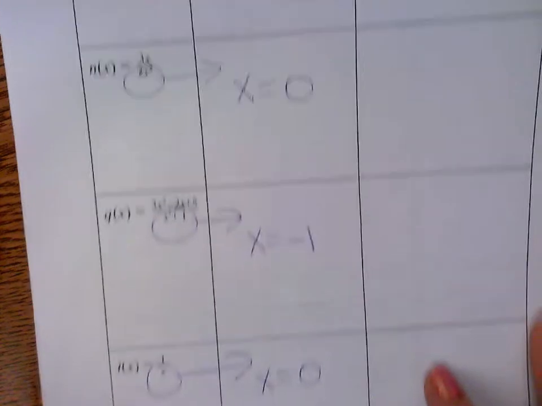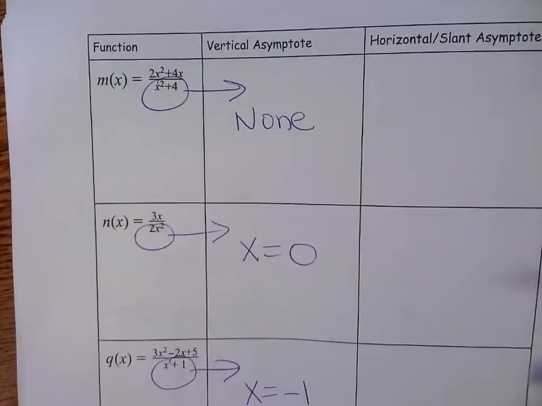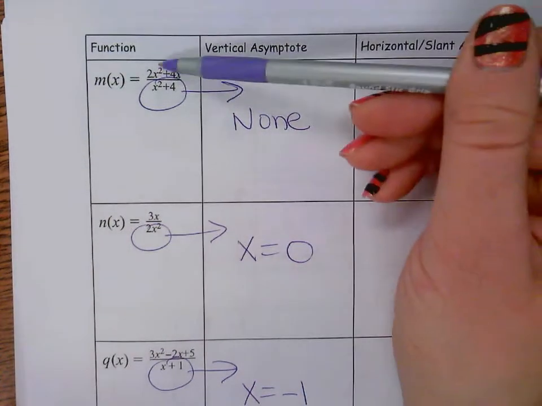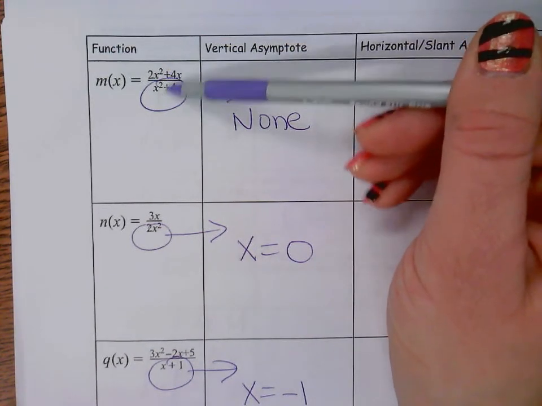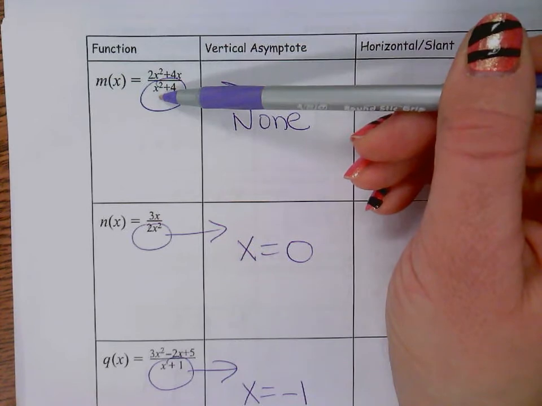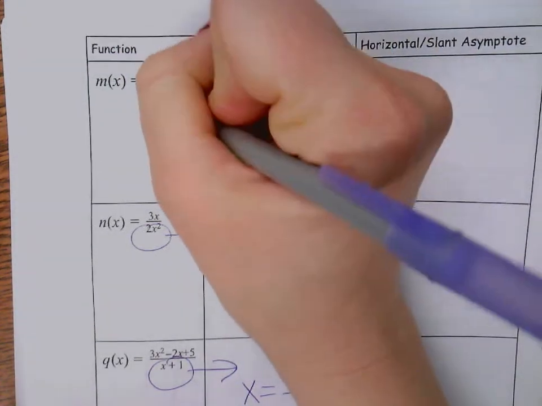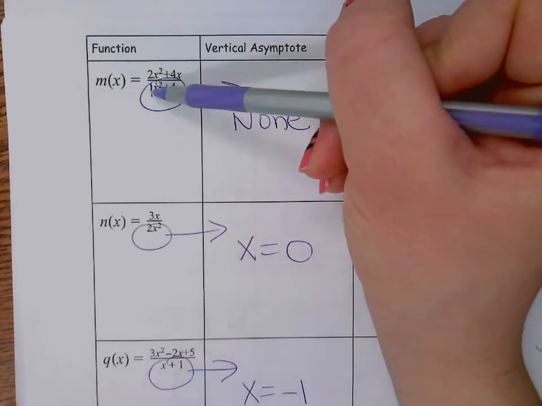So let's go through now and use our 3-part rule, and then we're going to make our note card to do some of the graphs on the next page. All right, I look and see which is going to win in a competition. They're both quadratic functions, right? X squared over x squared. So I'm going to peel off the coefficients, and the coefficients of just the x squared terms are 2 over 1.